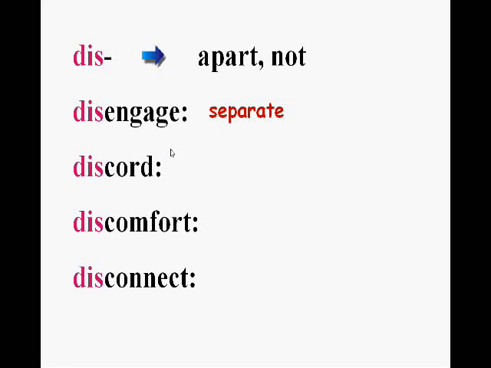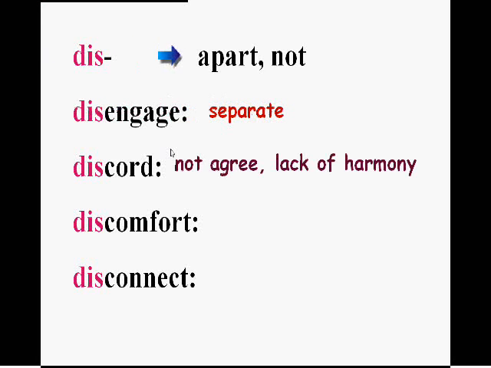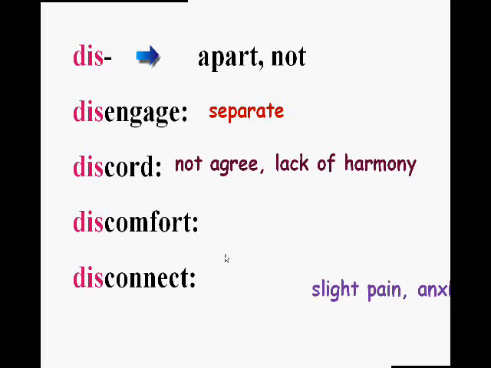Disengage means separate, okay, to be apart, to leave each other, let's say. Discord means not agree or lack of harmony. And we use this word in music most of the time, okay? So when people are playing music, one of the instruments, let's say, is not in harmony with the others, or they don't agree with the others, so we call it discord, okay?